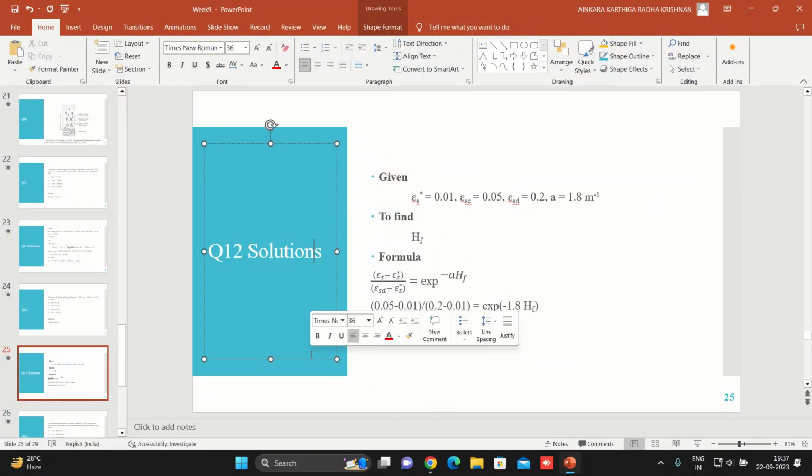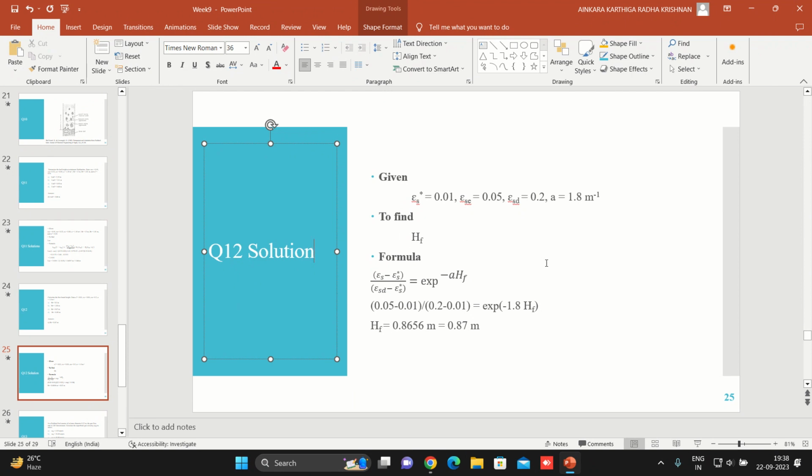So how are we doing this? First we wrote all the given, and then we need to find HF. So we are using the solid distribution formula as (epsilon s minus epsilon s star) by (epsilon sd minus epsilon s star), which is equal to exponential of minus a into HF. So here we know a, and epsilon s is nothing but epsilon se in this problem.